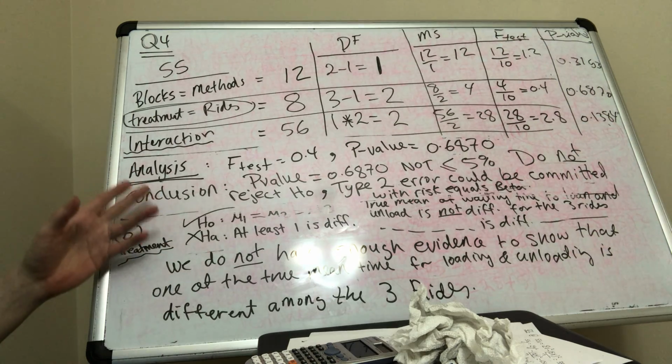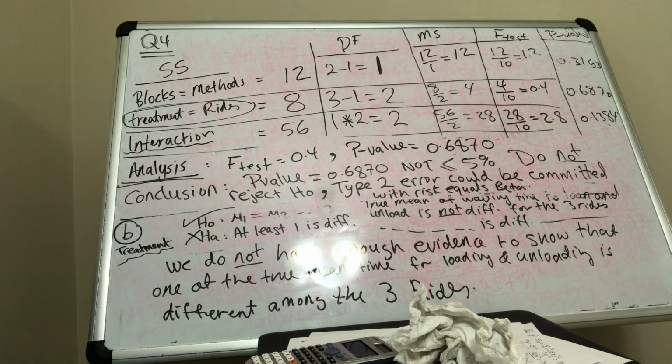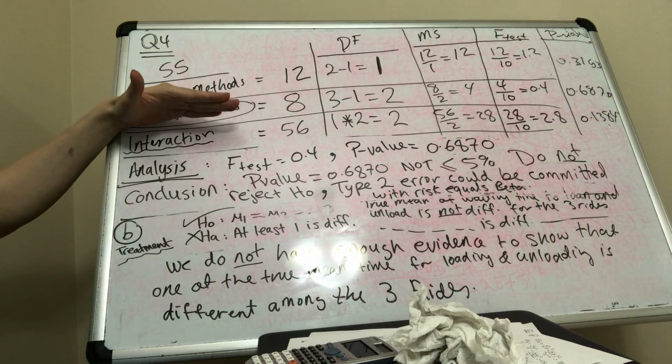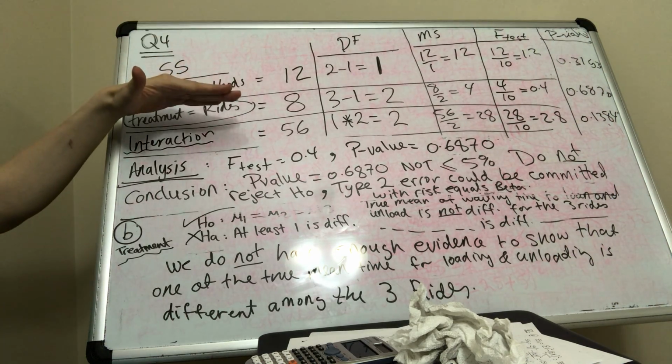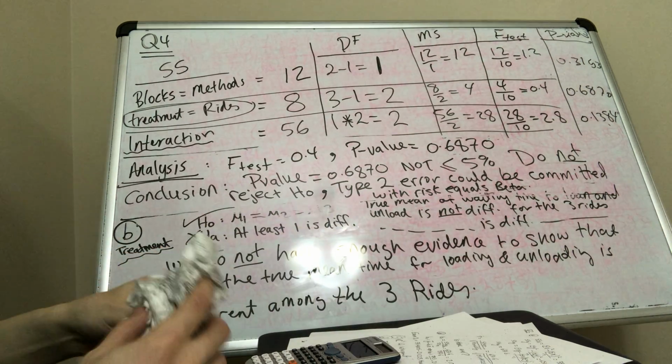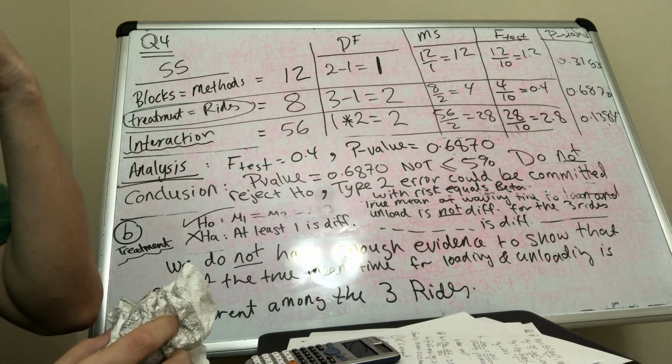We have no evidence that at least one of them is different. In fact, they're the same. So this is the answer for B, and we get the information from the table in Excel. So we go now and we do C.